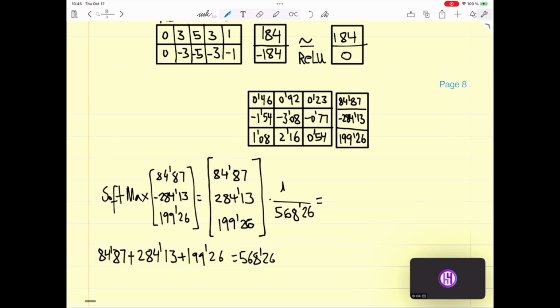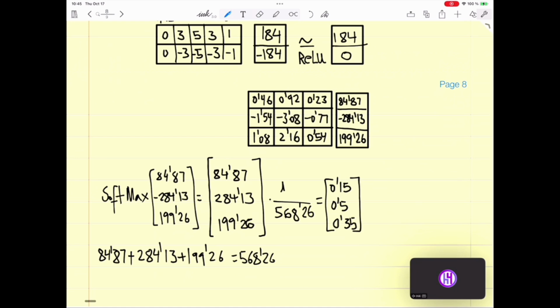So if you perform that calculation, what you're going to get is a vector saying 0.15, 0.5, and 0.35.